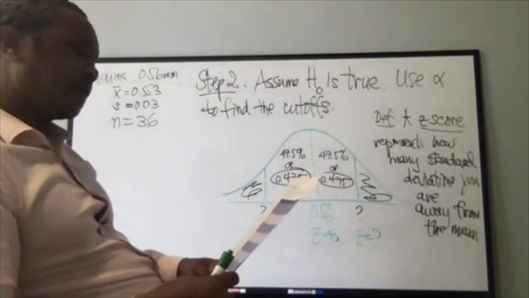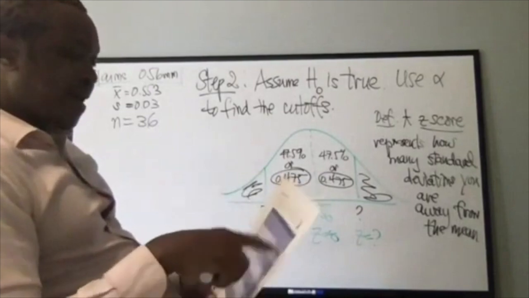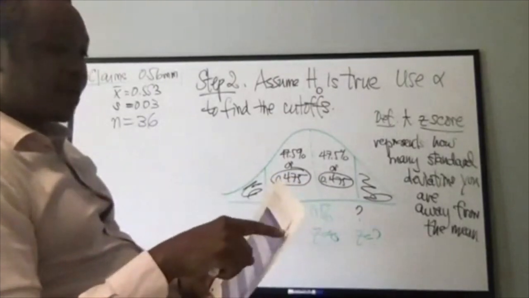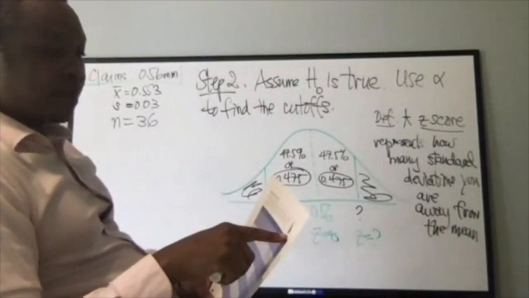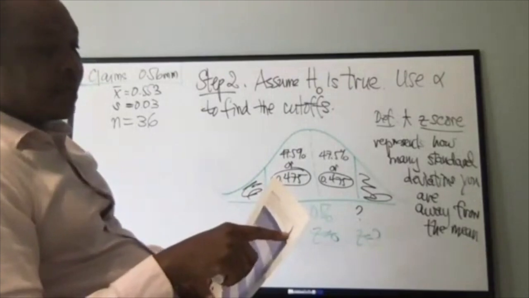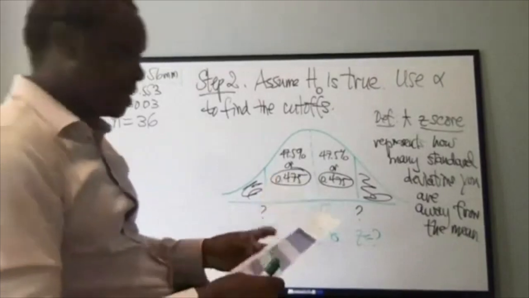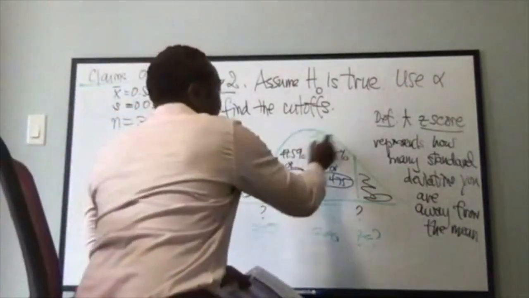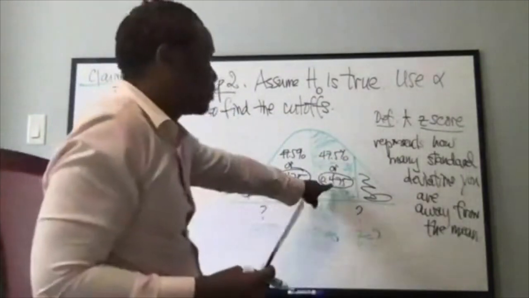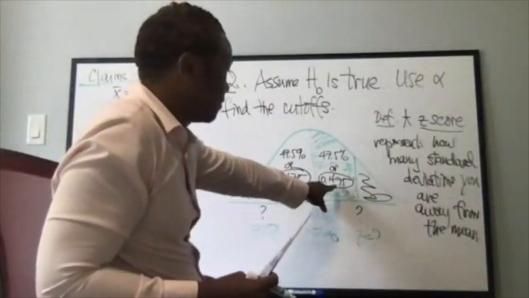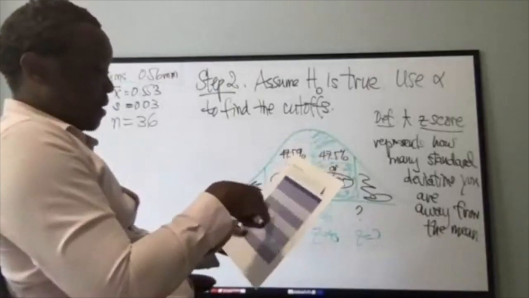Notice how the chart up here gives you values based on, look at the diagram, from the mean, which is 0, out to any stopping point, Z. Now you see that shaded value there in purple or whatever, it has like an A there. That's like this part right here. Which looks like it's 0.475, right? So go inside of the chart and see if you can find 0.475 somewhere.